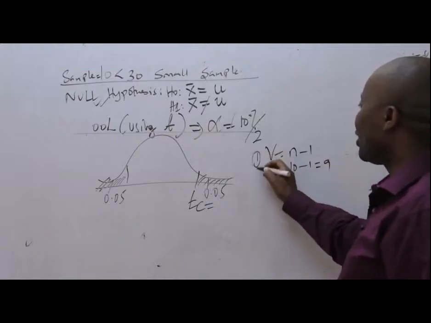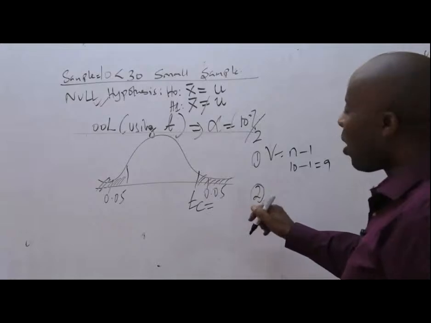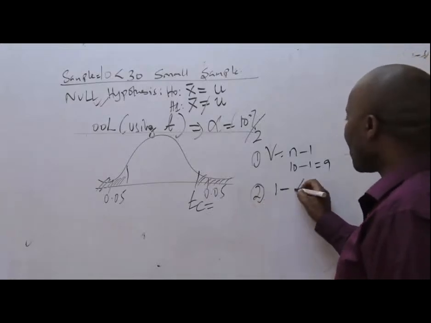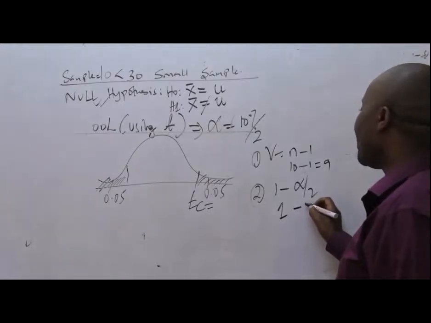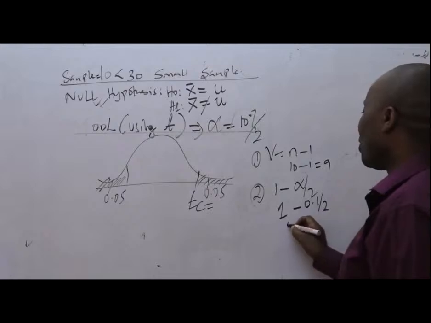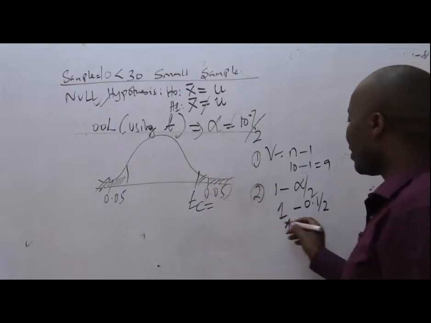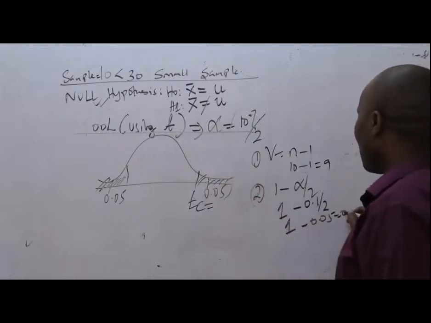Number two, the other thing you need to read the T table is what we call 1 minus alpha over 2. This time round, we took 0.1 over 2, which will be the same as 1 minus 0.05, which is 0.95.